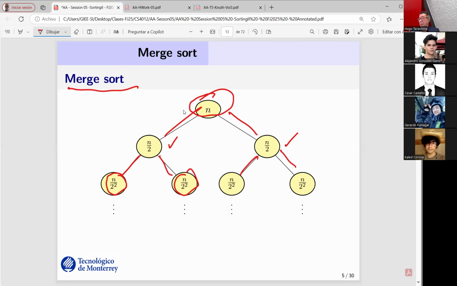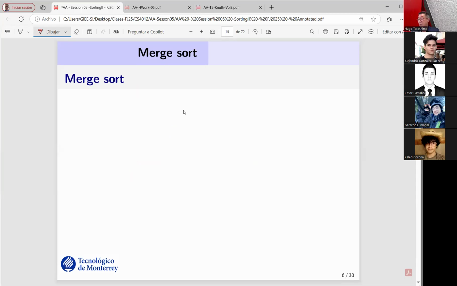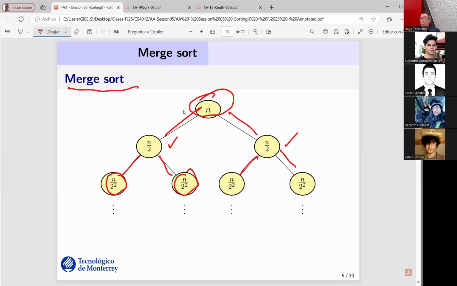Same here. And what do you expect to get at the end? You're going to have the elements, basically. And then you start going up.